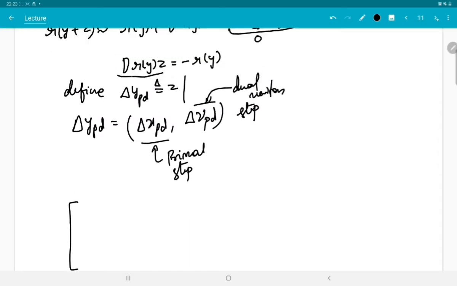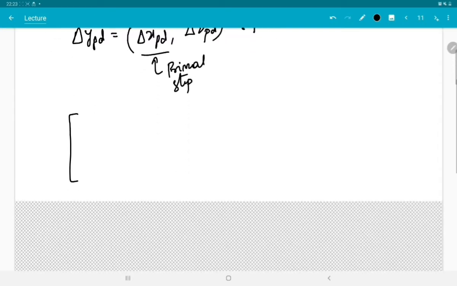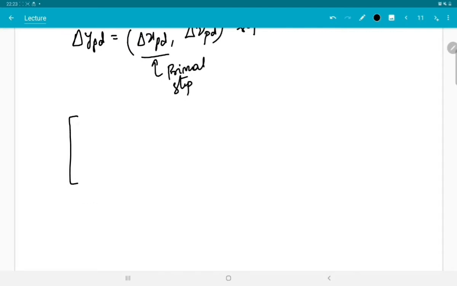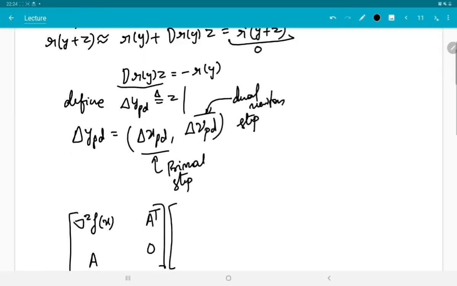So this is Dr of y, which is del square f of x, A transpose, A, 0, and we have z here.